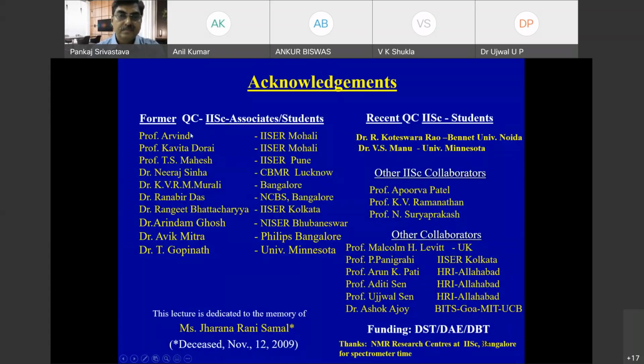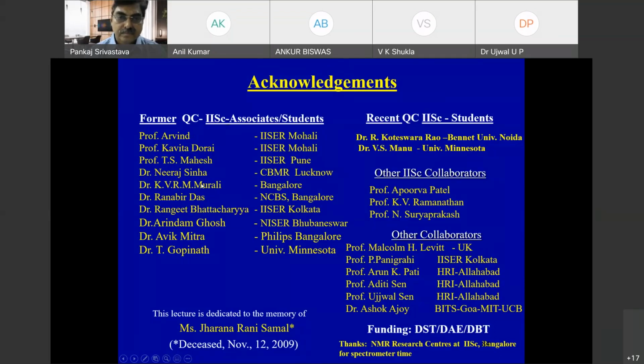He was Mukunda's student, but Kavita Dorai and Arvind are husband and wife, and they both graduated from IIT Kanpur, did their MSc from IIT Kanpur, and joined together here the same year to work with Mukunda and with me. Mahesh joined a few years later. They are both in Mohali. Arvind has recently become a director of another institute, I don't remember the name, near Sinha in CBMR Lucknow.